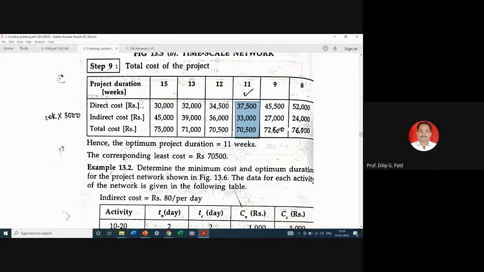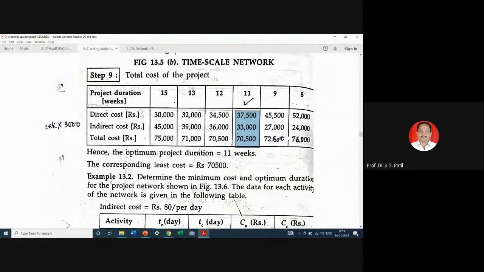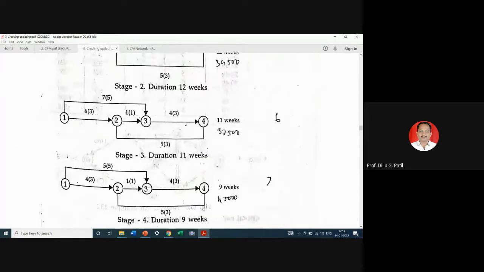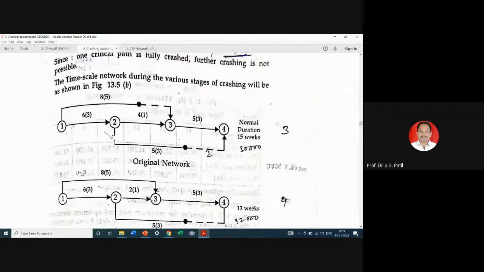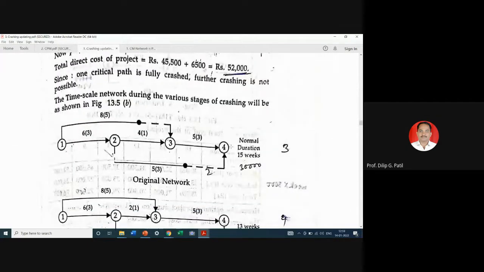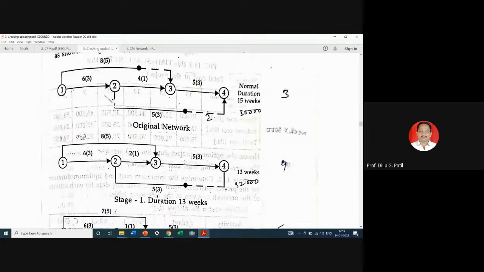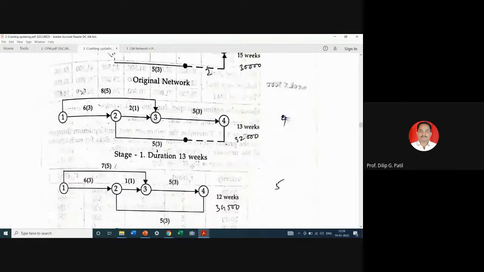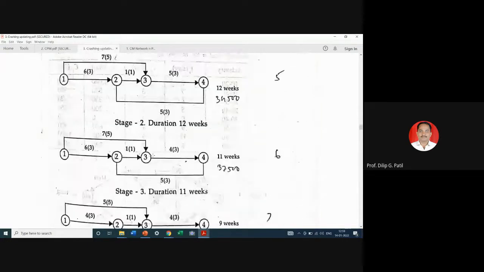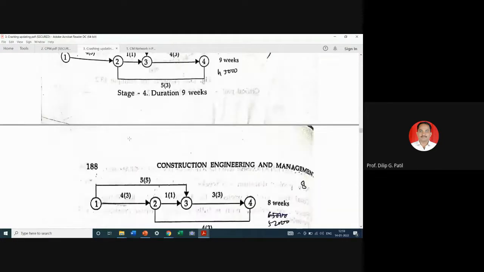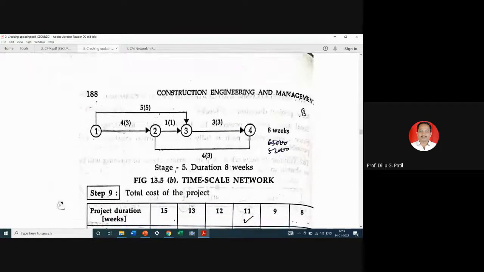Now you have to plot this on a graph. Already all these time scale versions of the network should be plotted on the graph, and you will see that with reduction in the project duration there is a change in duration of the project from 15, 13, then 12 weeks, then 11 weeks, 9 weeks, and 8 weeks.